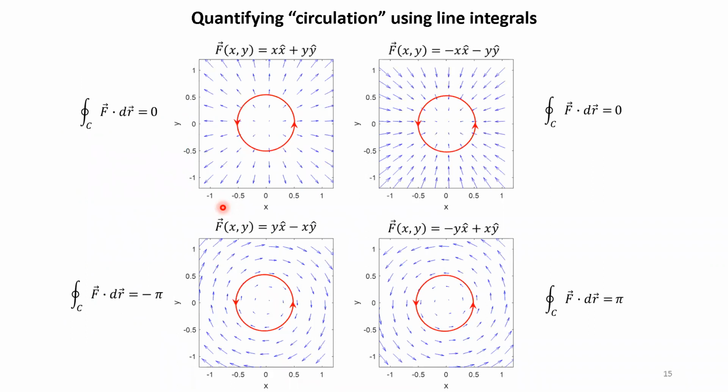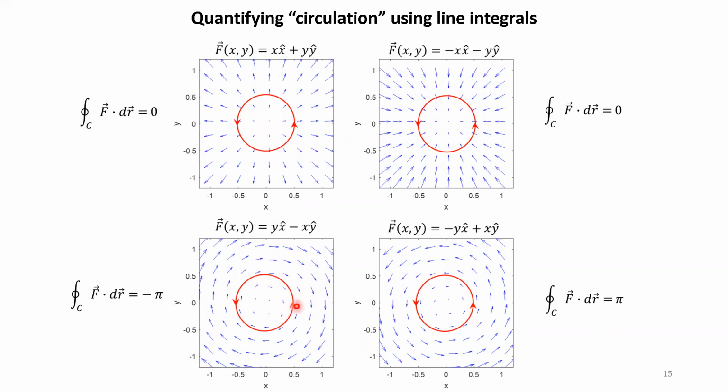If I try this on all 4 vector fields that I showed you at the beginning of the chapter, you see that these 2 cases I have 0, and these 2 cases I have non-zero. Just think about the work done, as I said.